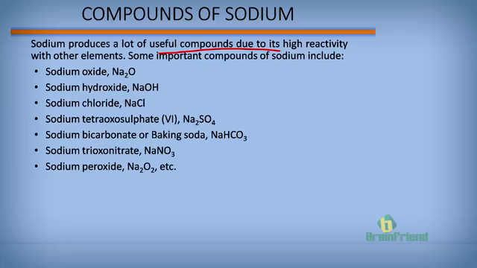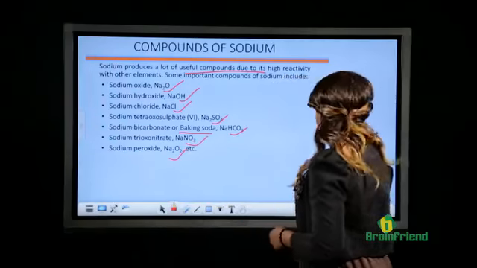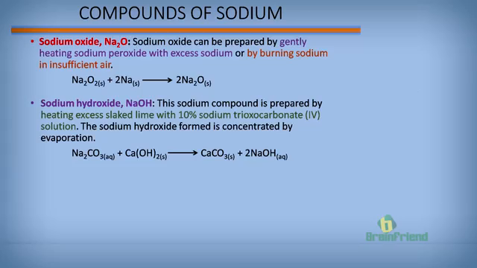Some important compounds of sodium are sodium oxide, sodium hydroxide, sodium chloride, sodium tetraoxosulfate VI, sodium bicarbonate or baking soda, sodium trioxocarbonate, and sodium peroxide. There are a lot of compounds that sodium can form, but for this lesson, we'll be looking at these compounds. So let us see how each of these compounds is formed with sodium.